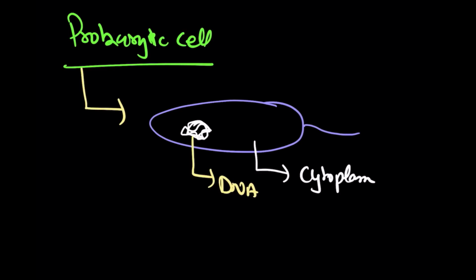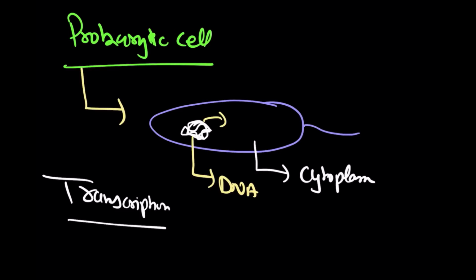Now try to see, at the site where the DNA is present, the process of transcription is going to occur. What is transcription? Transcription is the synthesis of RNA. From DNA, RNA will be synthesized. Let's suppose this is the RNA being synthesized. In prokaryotes, this RNA will be captured by the protein synthesis machinery.